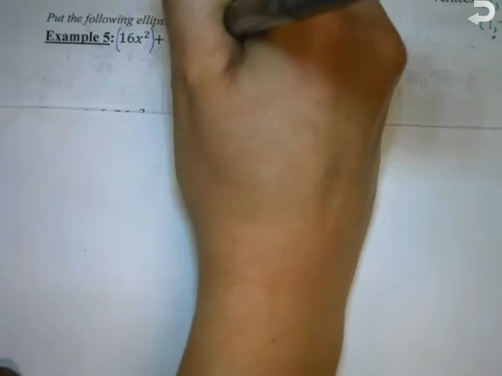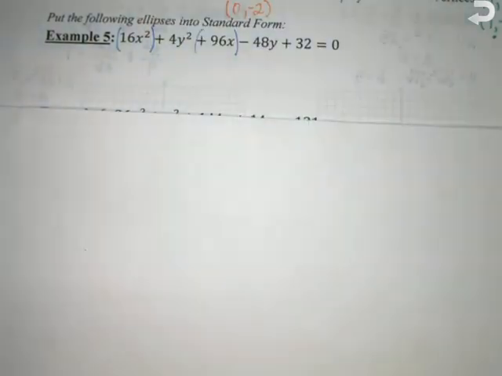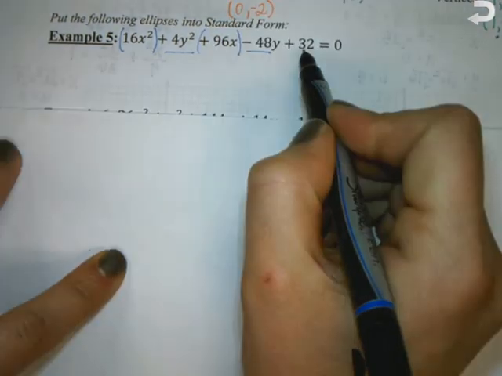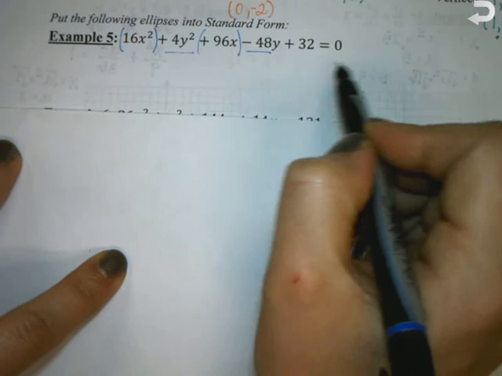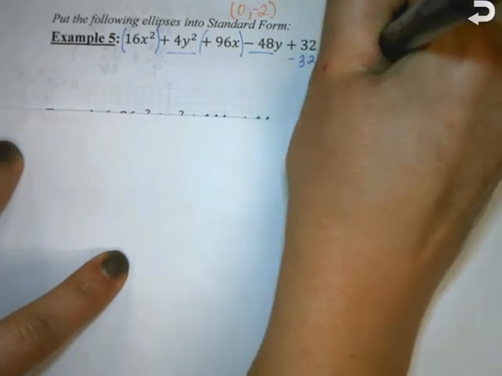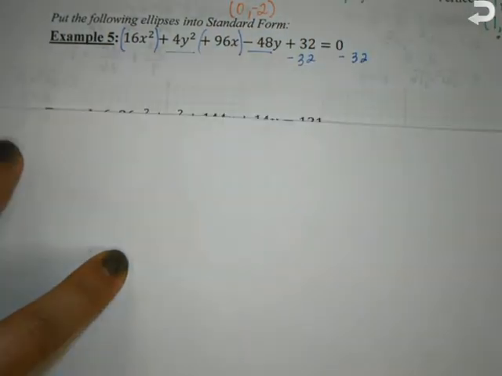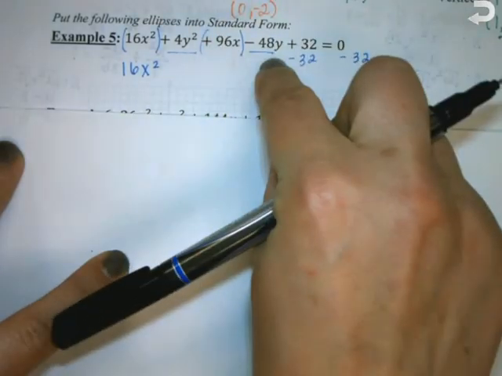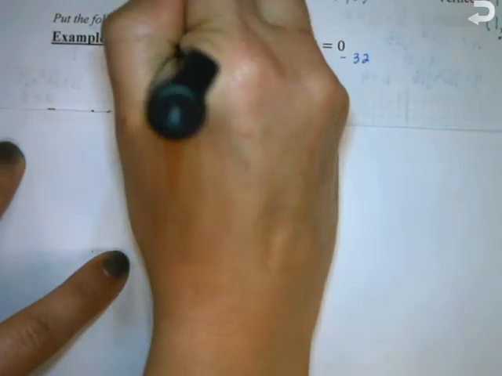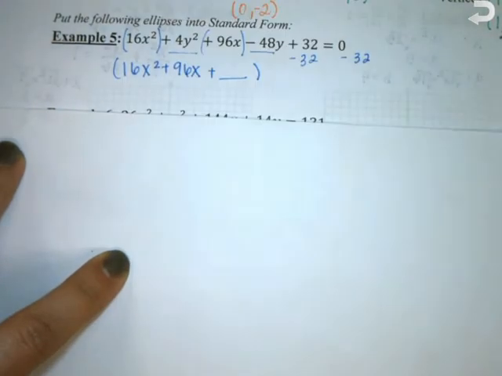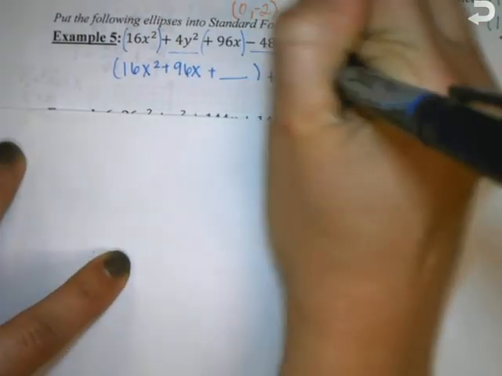We want it moved over, so we're going to subtract 32 at the same time. Okay? So this is first going to give me 16x squared plus 96x plus blank. So we're going to end up completing the square again. Plus 4y squared minus 48y plus blank equals negative 32 plus blank plus blank.